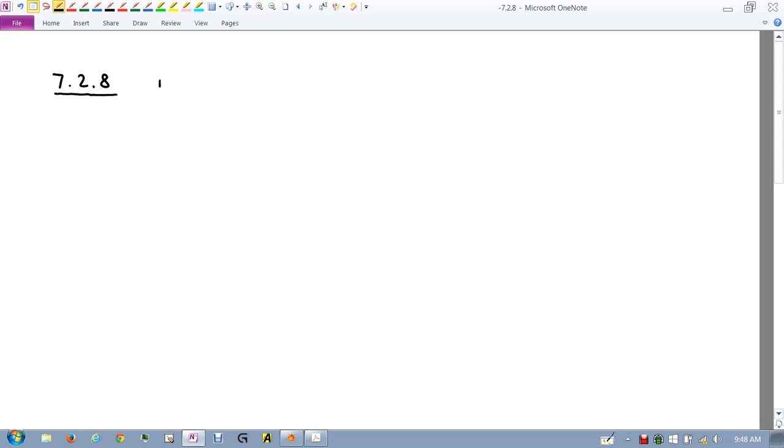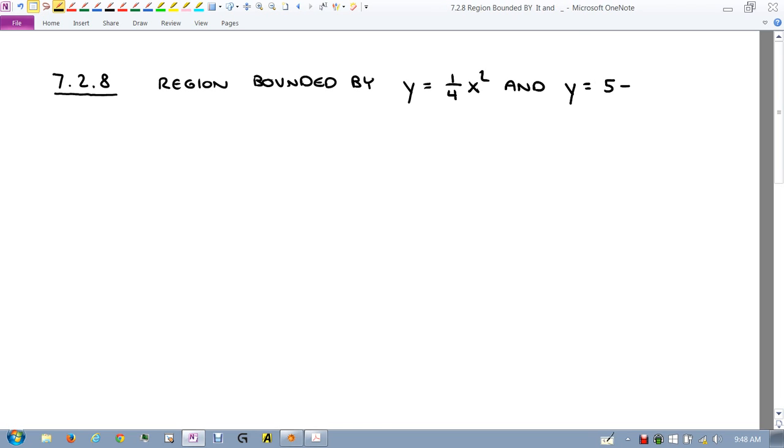Let's take the region bounded by y equals 1/4 x squared and y equals 5 minus x squared, x equals 0 and x equals 2.